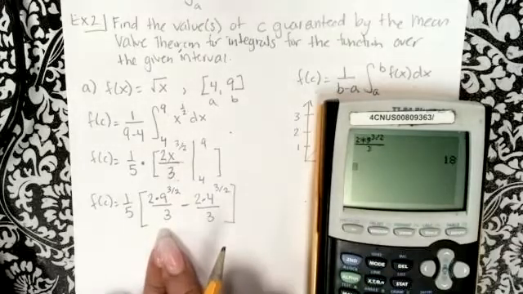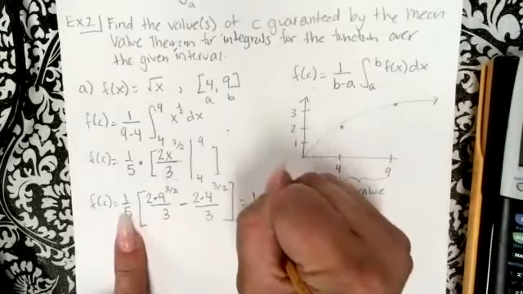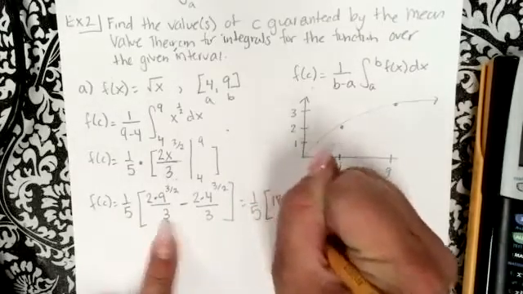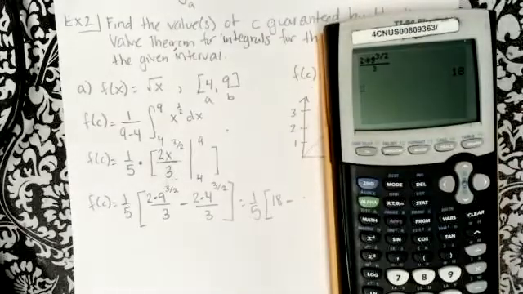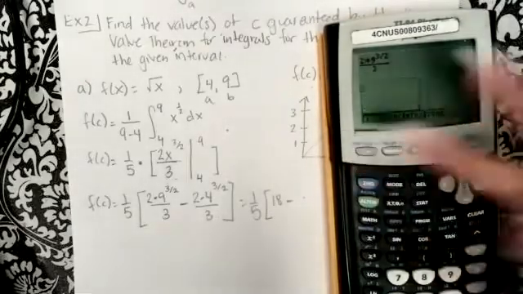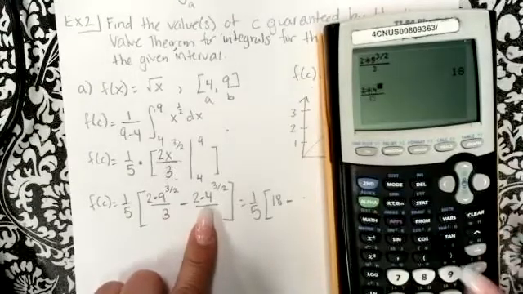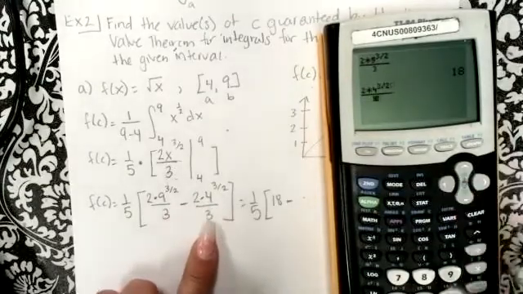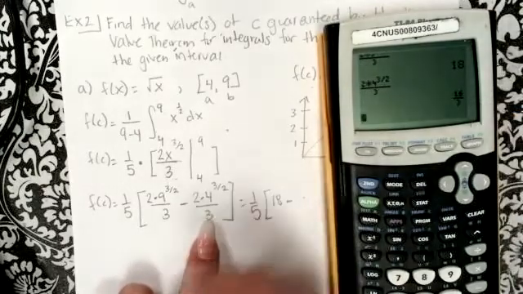This equals 18. So I have a 1/5 times 18 minus, I'm going to plug the next one in, 2 times 4 raised to the 3/2 over 3. And now this equals 16 over 3.